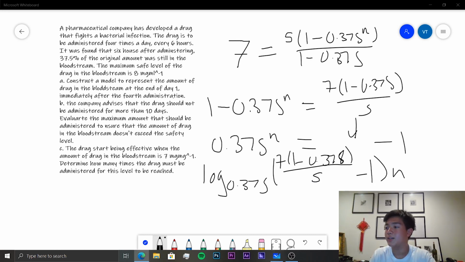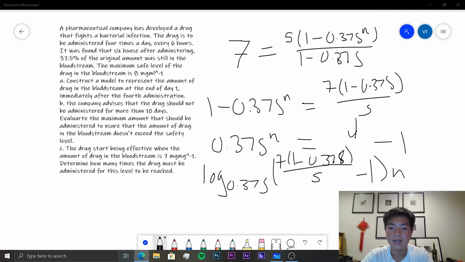So if we get a calculator and put all this in, we have the logarithm of 7 times 1 minus 0.375 divided by 5 minus 1 over the logarithm of 0.375. And I am clearly getting something wrong because it's giving me imaginary numbers, so let's try again.